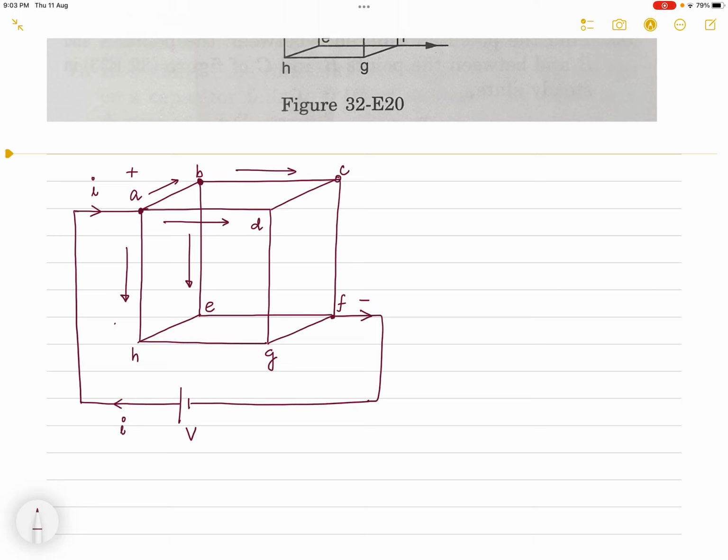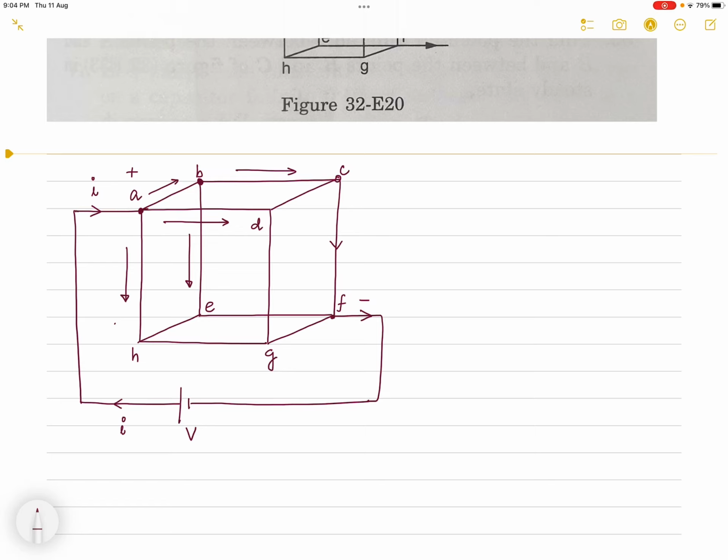And if you look at it carefully, from C the current will have a tendency to move down to F, because essentially current wants to move from A to F. All the current that reaches C will tend to move towards the lowest potential point, which is the point F in the circuit.